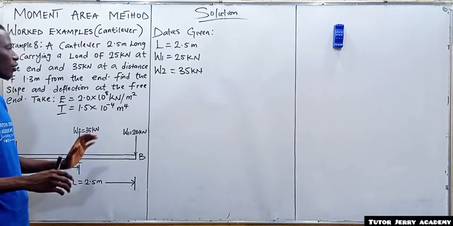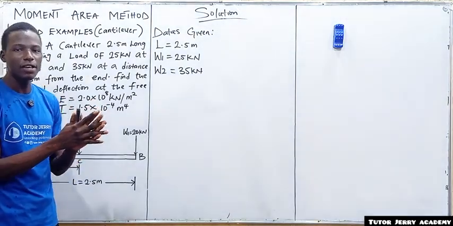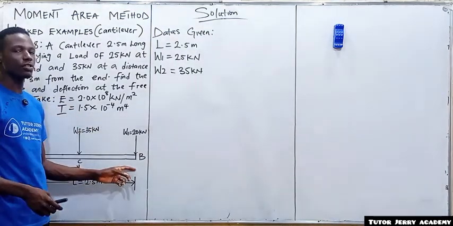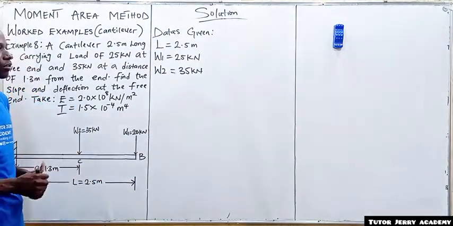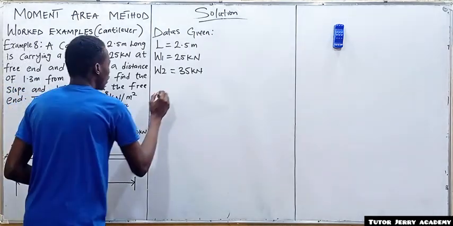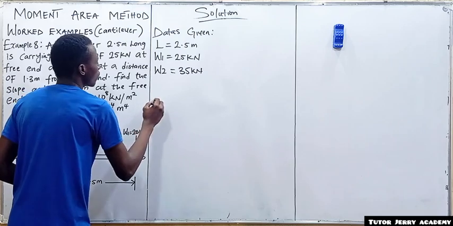Now we are going to sum these two slopes together to get the total slope on this beam. So we want to calculate the maximum slope, theta max.